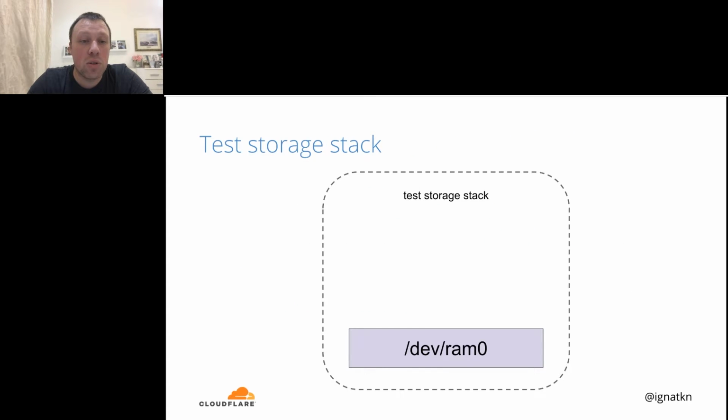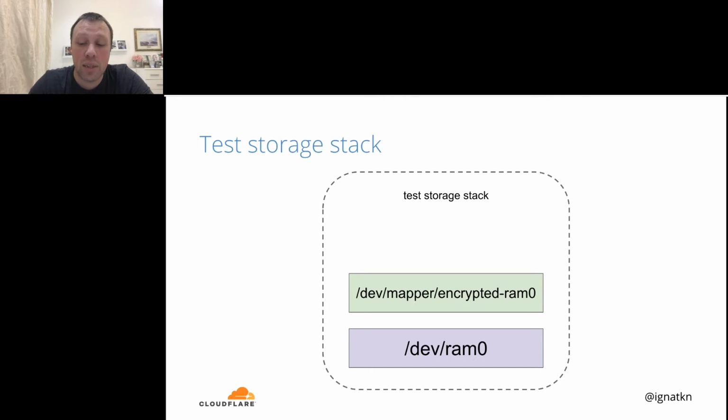So here is our storage stack. At the bottom we have our RAM-based disk. On top of it, we created a dm-crypt instance, so we can transparently encrypt data which goes into our RAM disk.